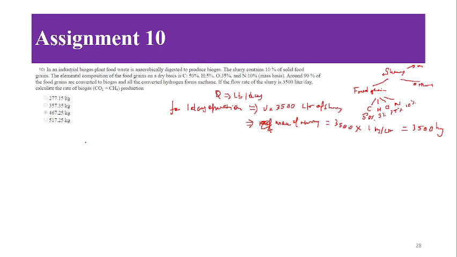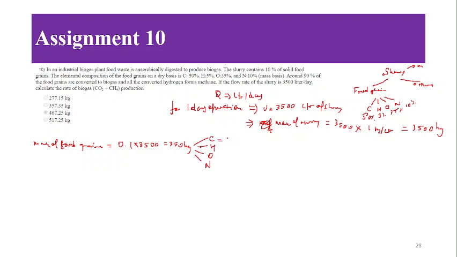So the mass of food grains will be 10%. So 0.1 into 3500, which is 350 kg. Okay, and from here we can find out the CHON.